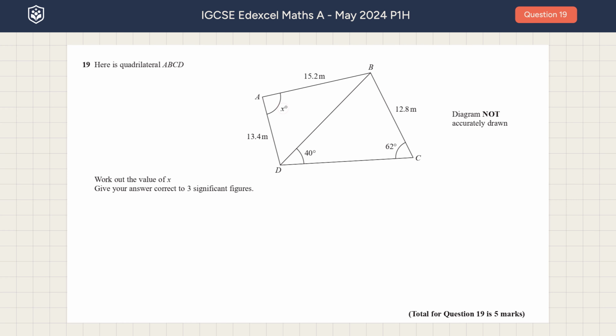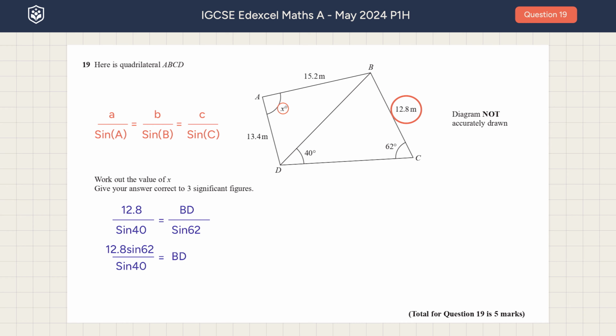To find the value of x, we will need BD, and to find BD, we first have to look at the triangle BCD, where we have two angles and a length, which qualifies for the sine rule, which says a over sin A equals b over sin B equals c over sin C. So we can write 12.8 over sin 40 equals BD over sin 62. Let's isolate BD by moving sin 62 to make 12.8 times sin 62 over sin 40 equals BD, which equals 17.58 meters.